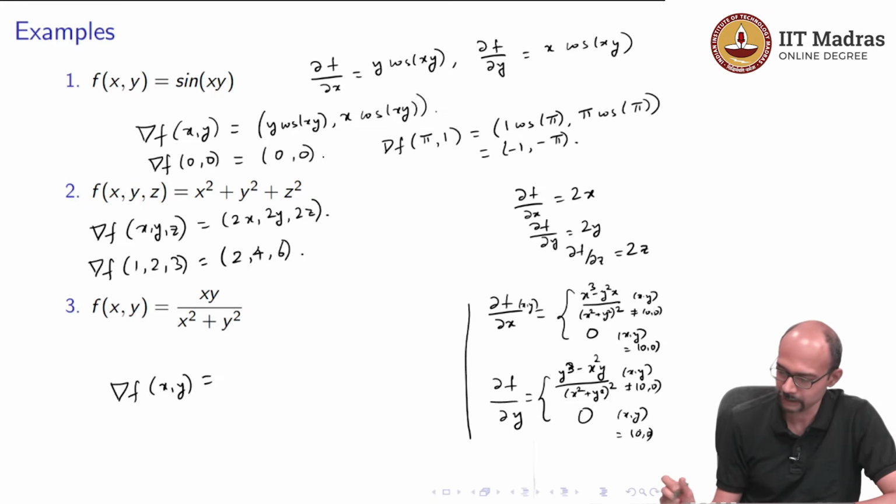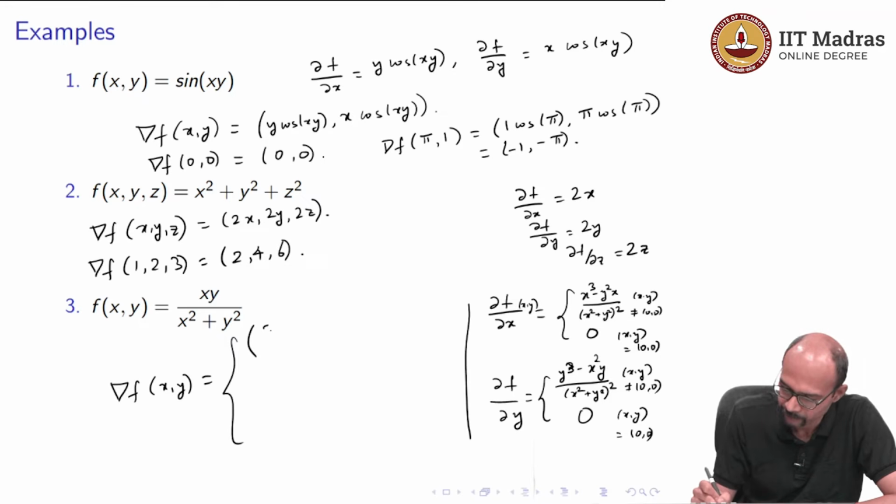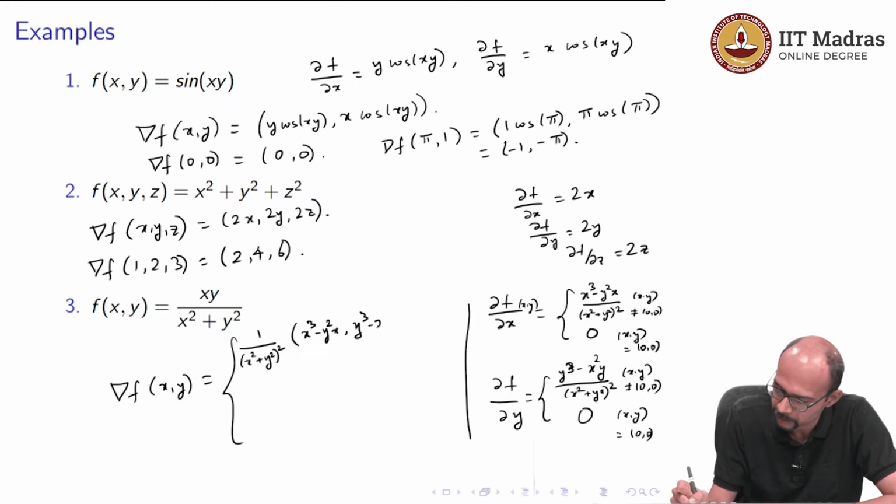So, that is what the partial derivatives are, which means that now the gradient function is, let me rewrite this better, 1 by (x squared plus y squared) squared times the vector (x cube minus y squared x, y cube minus x squared y).